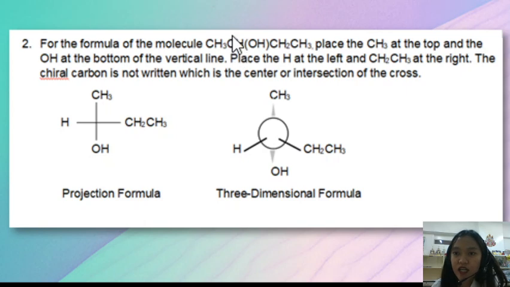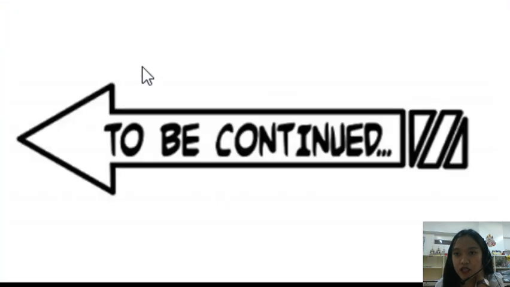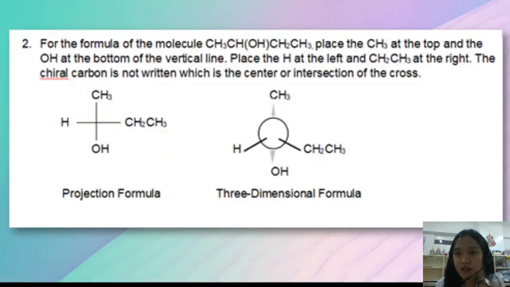So, meaning siya ang center ng iyong projection formula. So, you will just have to place the other atoms or compounds sa palibot noong crossed lines. So, sabi ko nga, the first carbon will go on the top, so CH3. You have CH3 on the top, or methane.